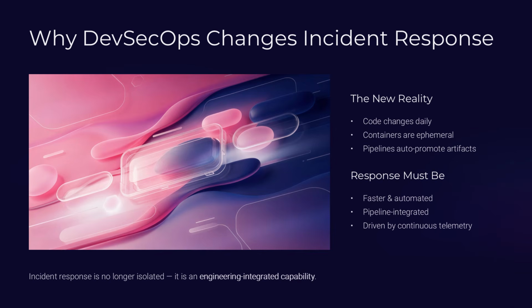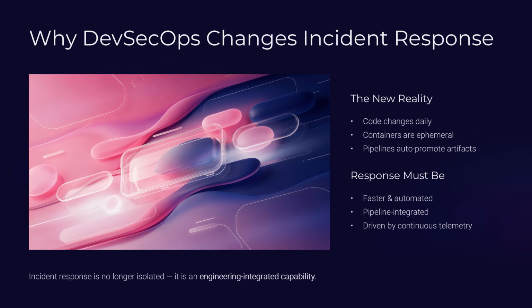Why DevSecOps changes incident response? Traditional incident response assumed relatively static systems. Servers were long-lived. Changes were infrequent. Infrastructure was predictable. DevSecOps changes that model. Now, code changes daily. Containers are ephemeral. Infrastructure is defined as code. Pipelines automatically promote artifacts.